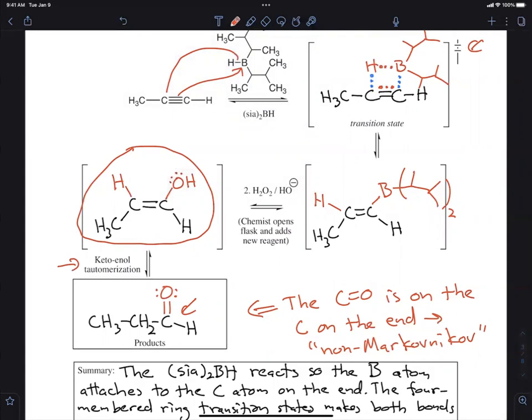Now, I told you that this step happened spontaneously, and we didn't draw the mechanism because I promised I was going to talk about it the following semester. Well, it's now time to talk about it.